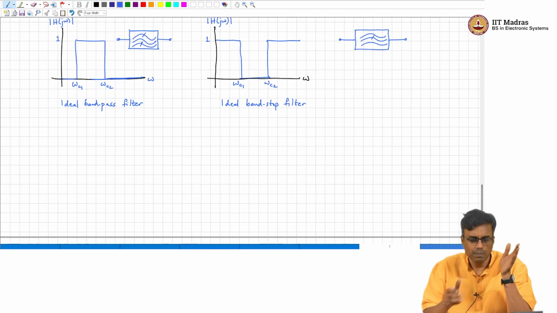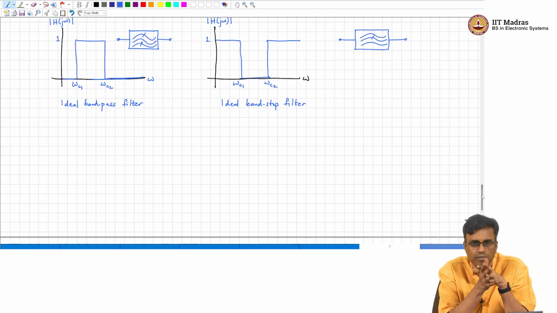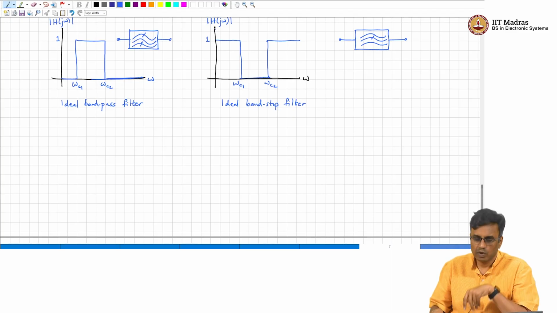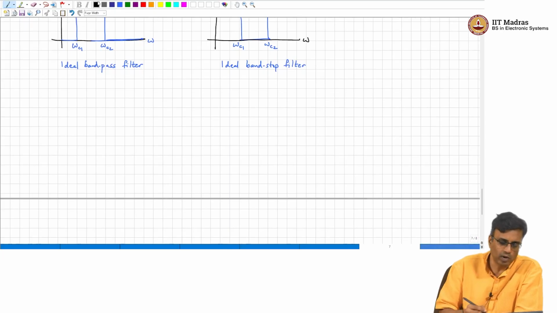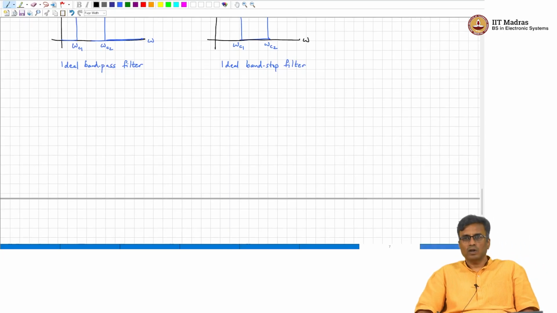As you keep increasing the order of the transfer function, you can expect to get a better approximation to the ideal. In this course, because it is an introductory course, we will only discuss first and second order low pass and band pass filters.